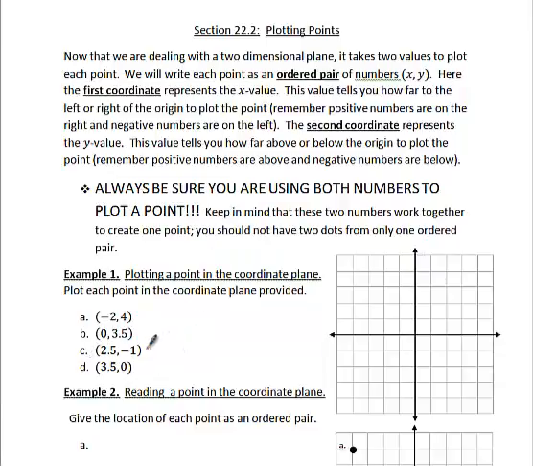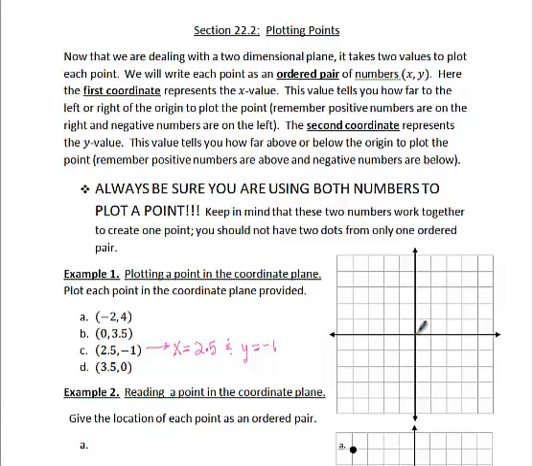For C, we have x equals 2.5, and for the y-axis we have y equals -1. Alright, so again I have this partial unit 2.5. I go to 2 and then I go halfway to 3.